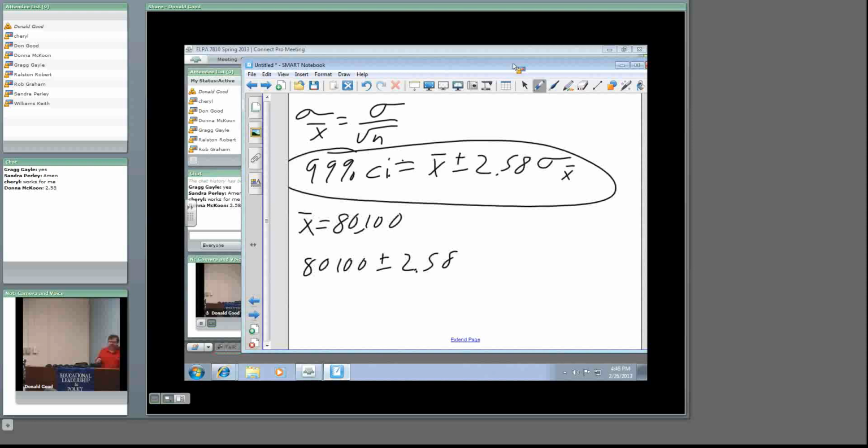What's the standard error? We are told that the standard deviation is 6,000. So 6,000 divided by, and what do we say n was? 100. Yeah. So the standard error is exactly what you said, 600. So it's 2.58 times 600.